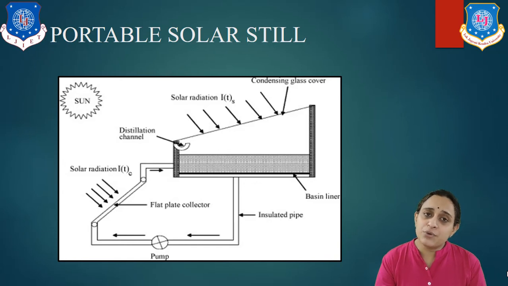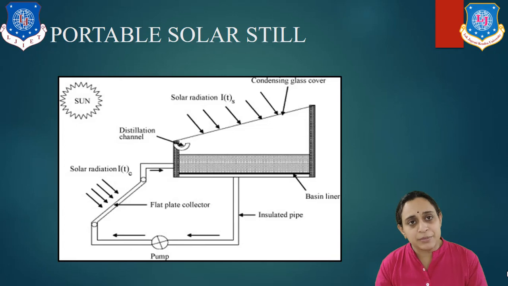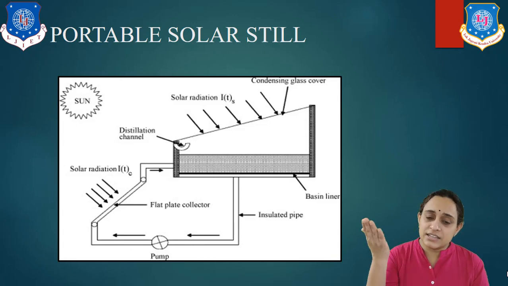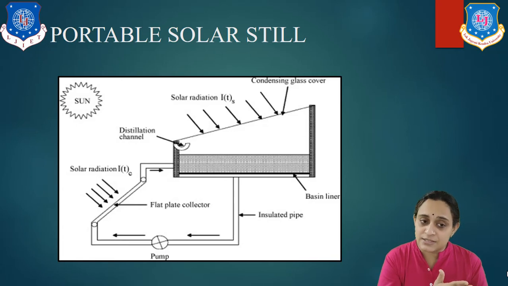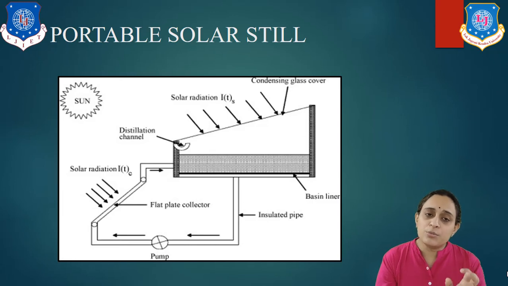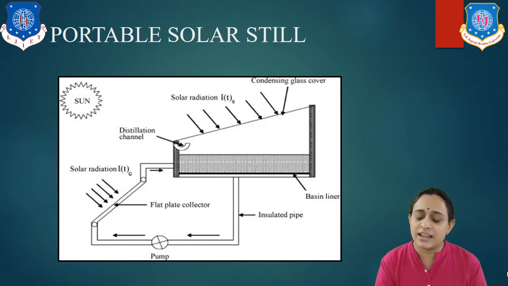When the sun rays fall on the water through the glass, the water evaporates because of the heat generated, and is condensed on the inside surface of the glass, which is comparatively cooler than the vapor. The water condenses in the form of droplets and is collected in the channel, and it is then bottled as you see in this diagram.